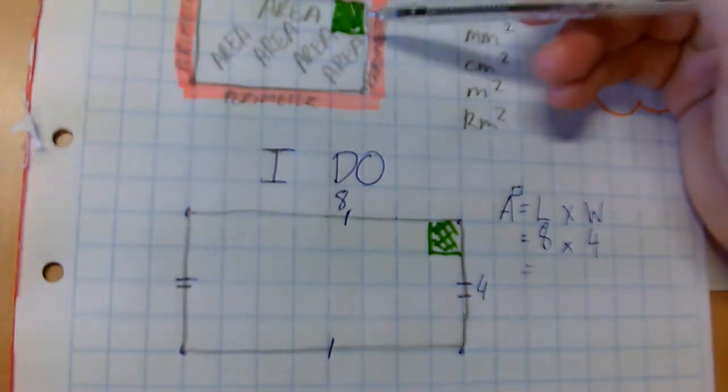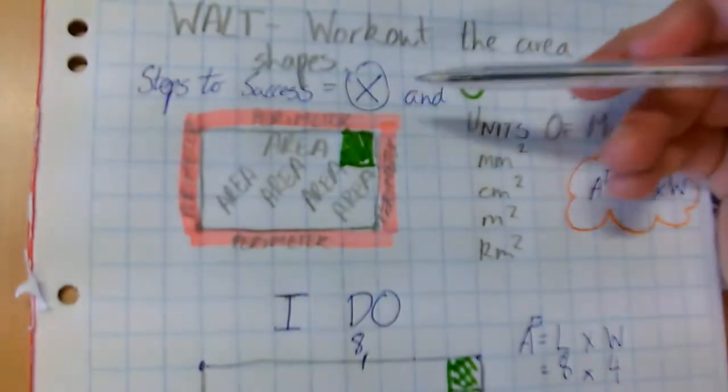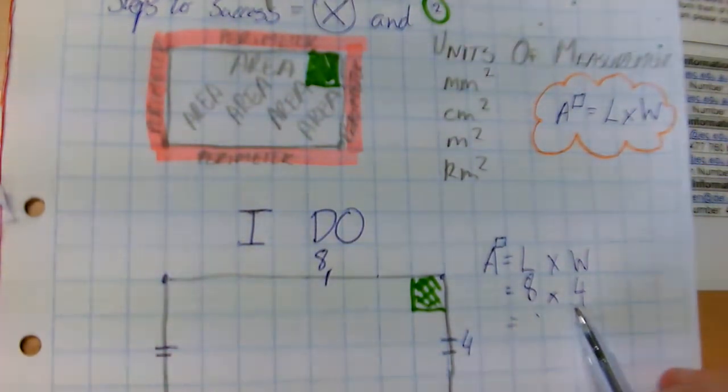So this is where the steps to success for multiplication comes in. If you're really good with your multiplication, you're going to find it easy. If you're struggling, I always like to go back to your easy multiplications like your 5 or 10. So let's say you didn't quite know what 8 times 4 is. We should all know what 8 times 5 is. 8 times 5 is 40.